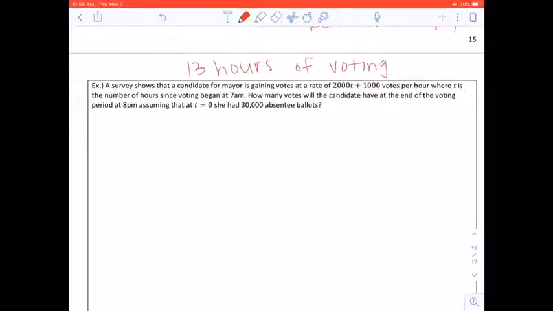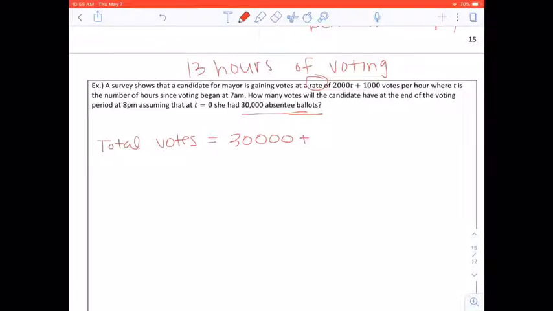So when we look at the total number of votes, at time 0, she started with 30,000 votes, and that was the absentee votes, plus, and then she was getting votes at a rate. And since we have a rate, we need to integrate that to figure out the number of votes.